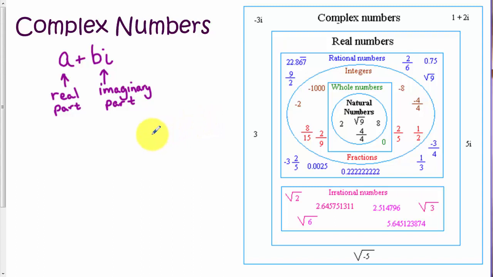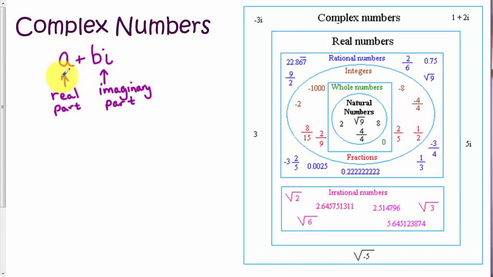Now, after the invention of this imaginary unit, over the next couple hundred years, mathematicians formalized these imaginary numbers and created an entire number system called complex numbers. Each complex number is made up of 2 parts, a real part and an imaginary part. A and B will be real numbers, coefficients here.